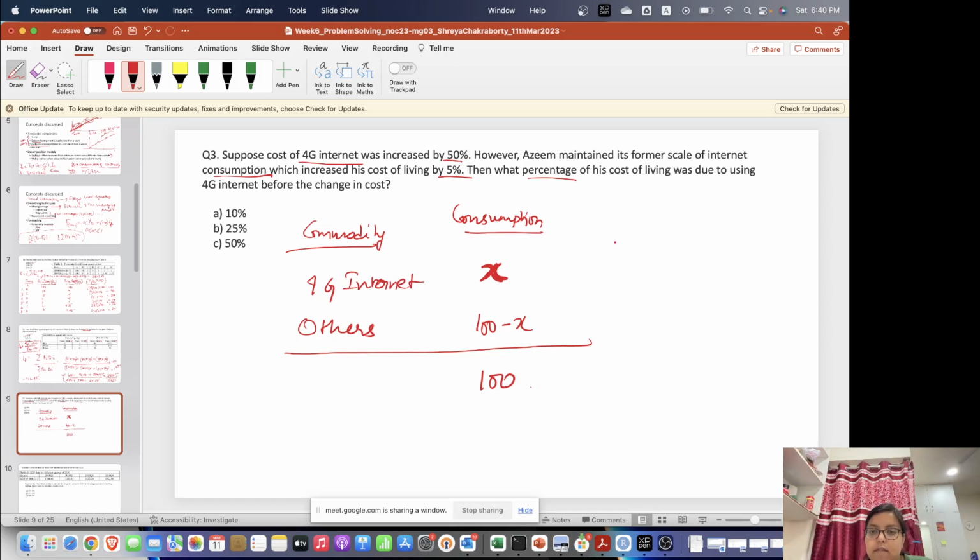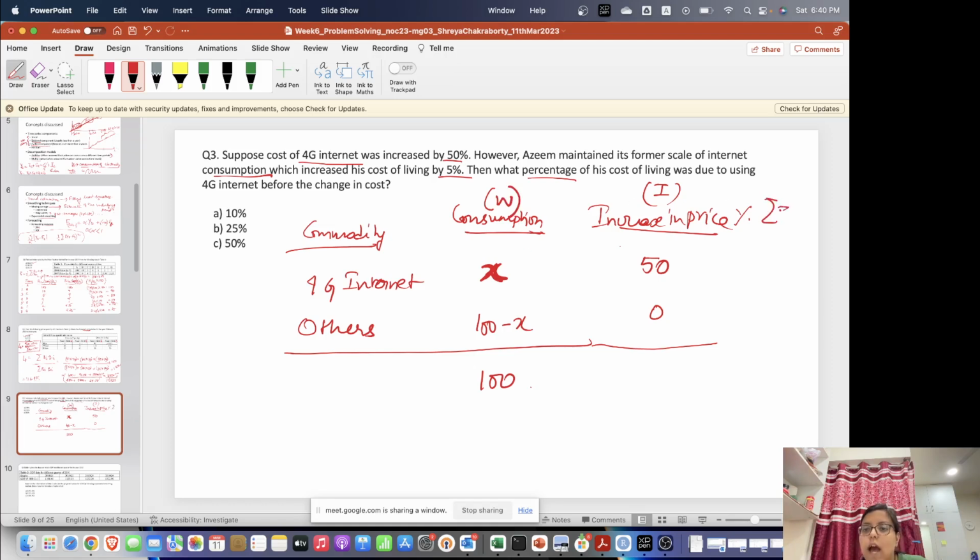And prices have increased. Let's say the increase in price is 50%, or let's say we model percentage increase in price, this is something which we'll call I, and the consumption is something we'll call weight.